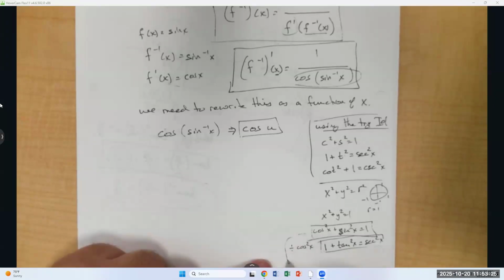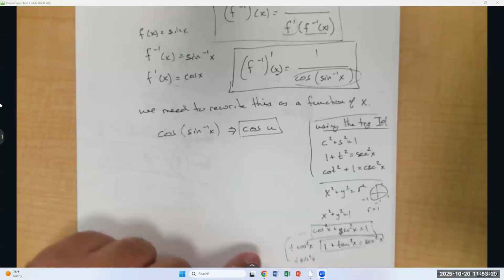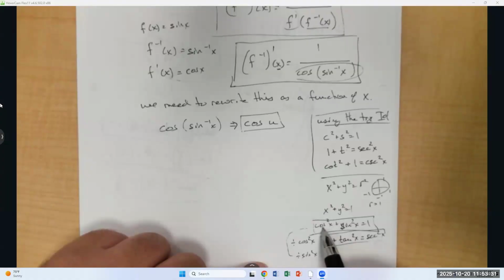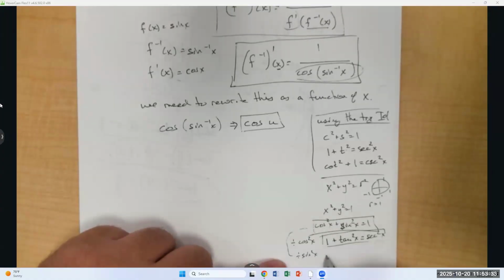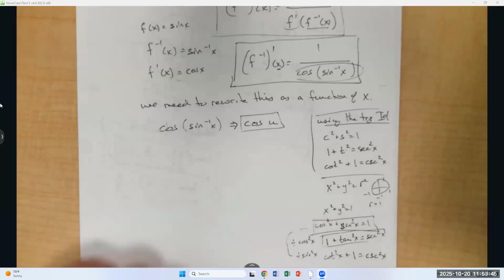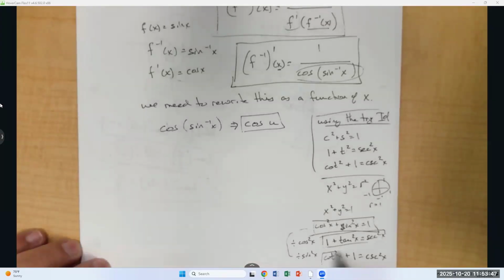Now, if we go back to the original and divide everybody by sine squared, cosine squared divided by sine squared is cotangent squared. Sine squared divided by sine squared is 1. 1 divided by sine squared is cosecant squared. So that's how we found the 3 identities.